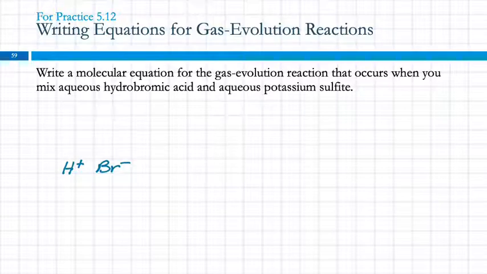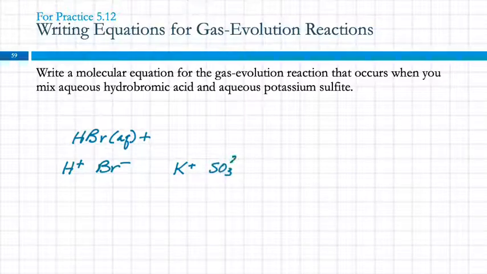And so because of the charges of those ions, we know to put them together like that. It's aqueous. And potassium sulfite. Well, potassium's K+. What's the formula for sulfite? SO3 2-. Those things from that memorization quiz are not going to go away, so keep those flashcards.